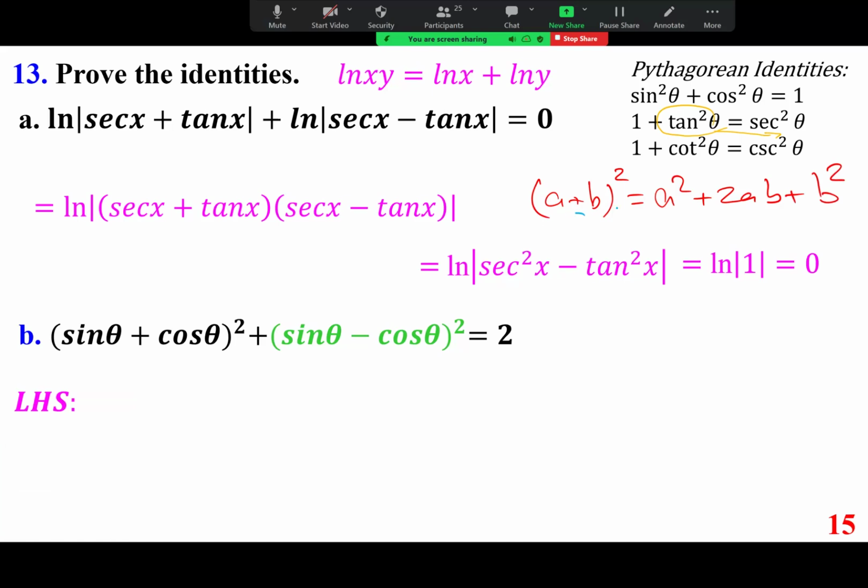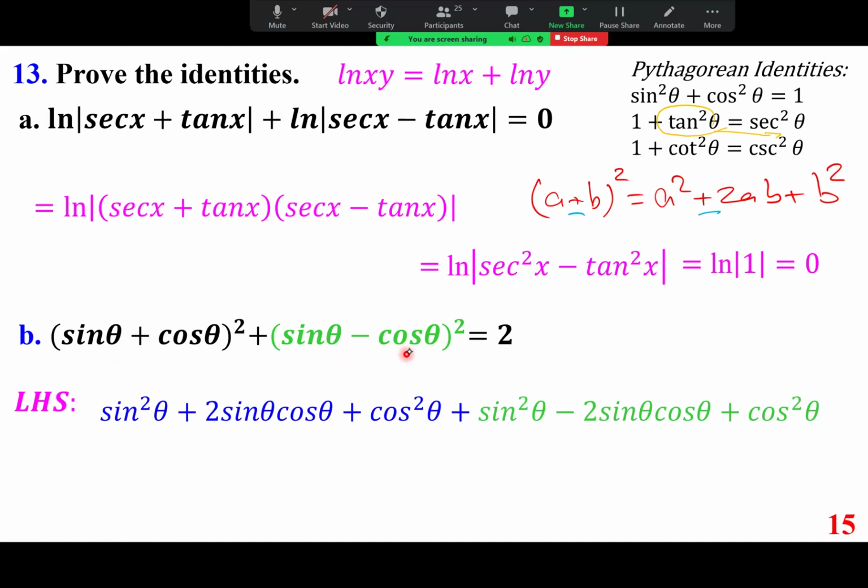And if it's minus, this changes to minus. Therefore, this one is sine squared plus 2 sine theta cosine theta plus cosine squared. This one is sine squared minus 2 sine theta cosine theta, and then plus cosine squared.